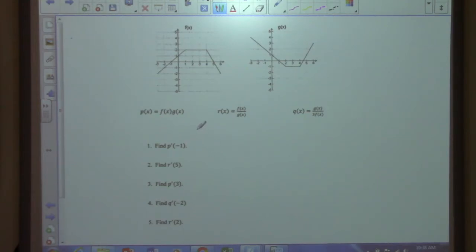So if we go ahead and set up our box, and this is for number 1, I'm putting a little box up here like this. So we want to find f of x, g of x. Look at f of -1. Here's -1.